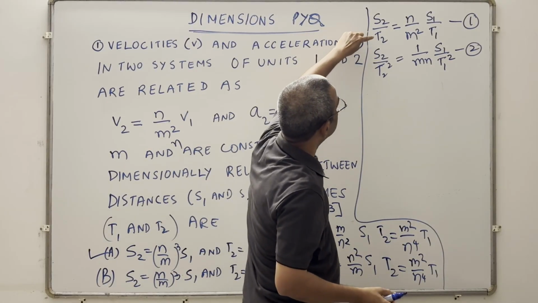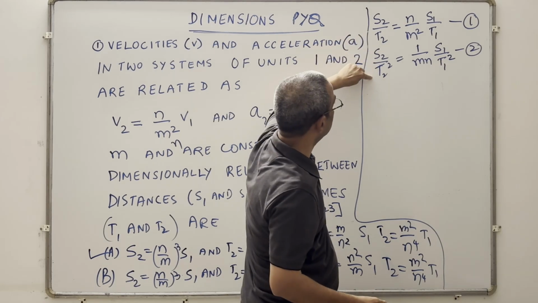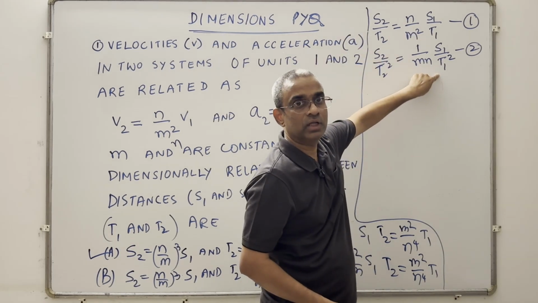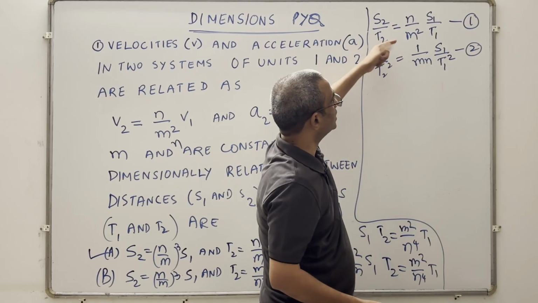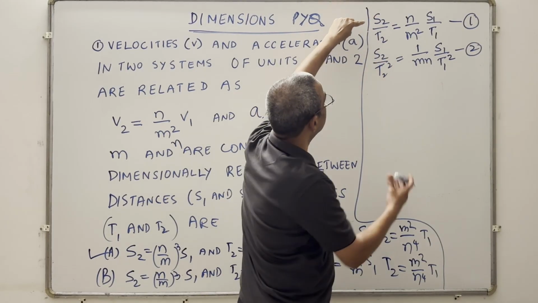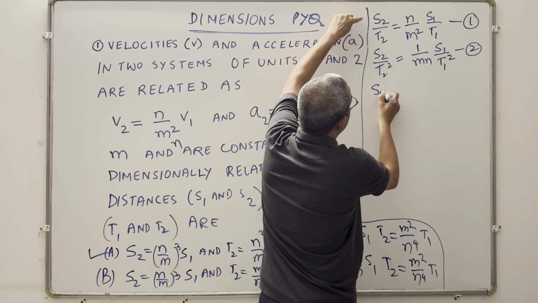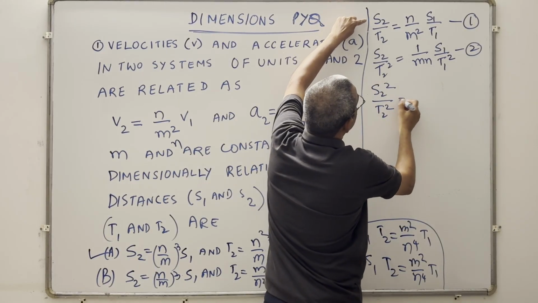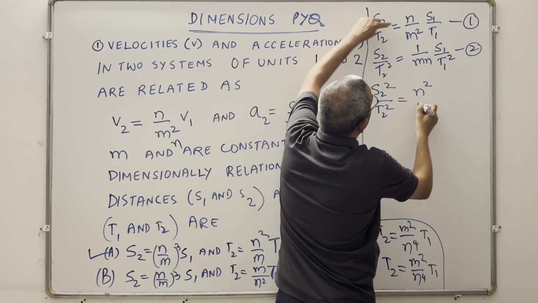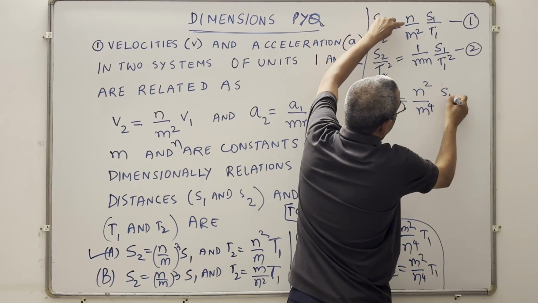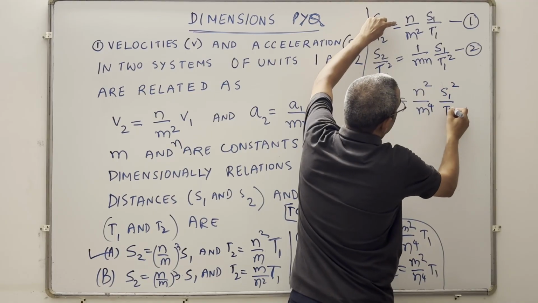There is T2 here and T2 square here, and T1 here and T1 square here, so we can't just divide. First we have to square equation 1. So if we square it, we have S2 square by T2 square is equal to n square by m power 4 into S1 square by T1 square.